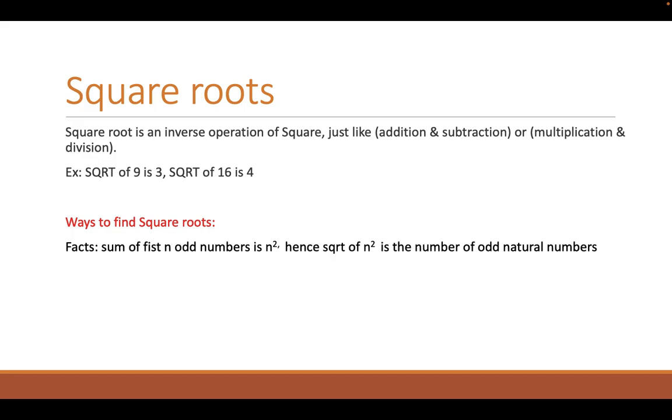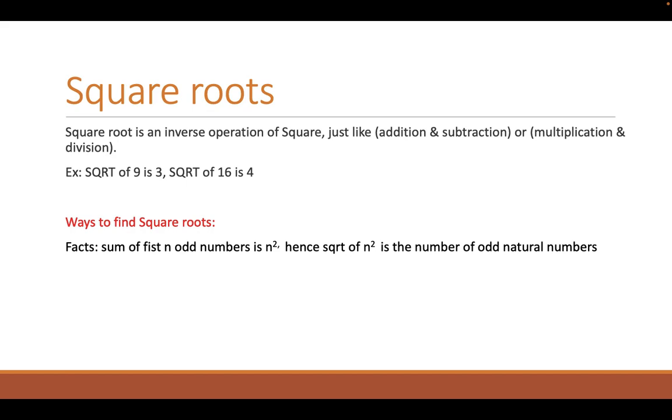Facts. The sum of the first n odd numbers is n square. So this is again a property and a formula you can remember. Remembering this will help you in the calculations, that's all. The sum of the first n odd numbers is n square. If you replace n with some number, then you can figure out how it is calculated.